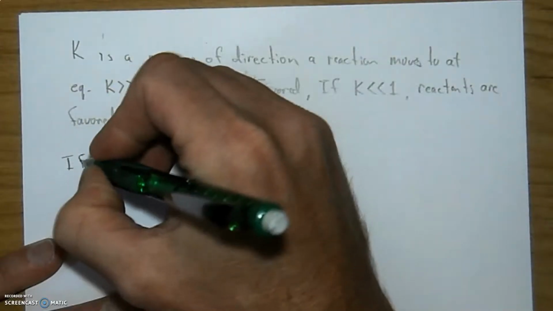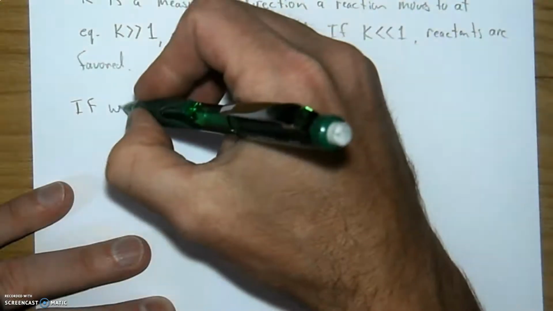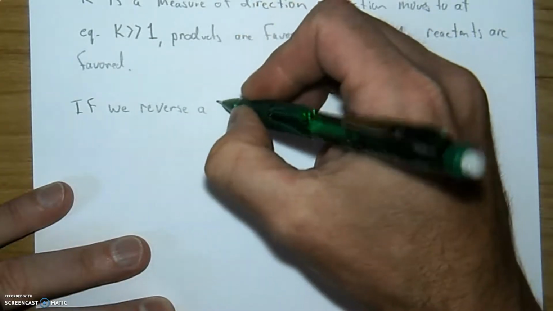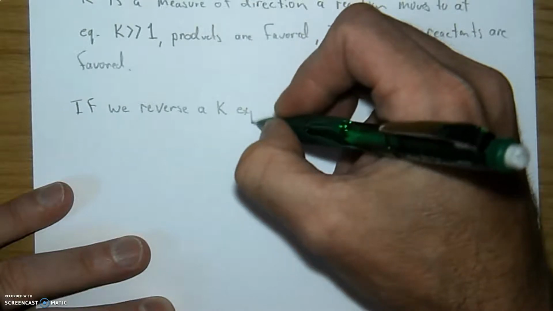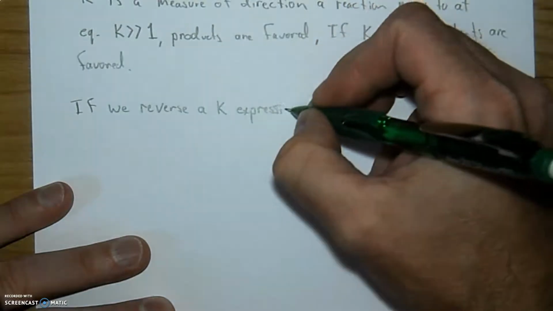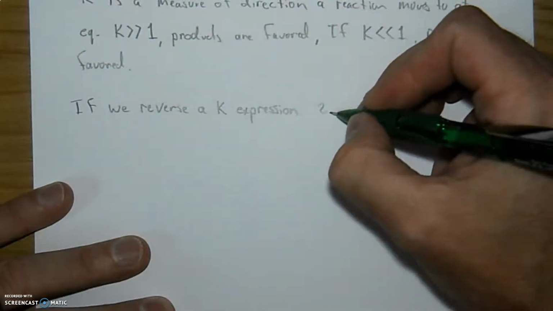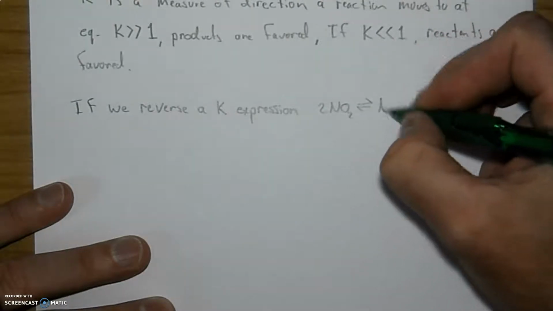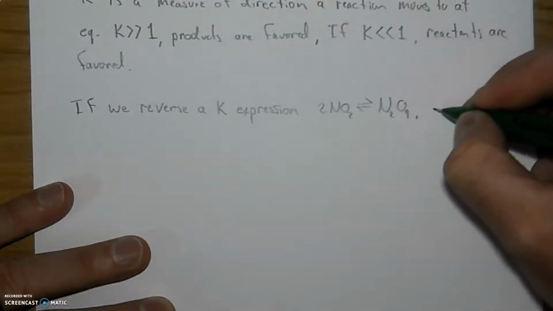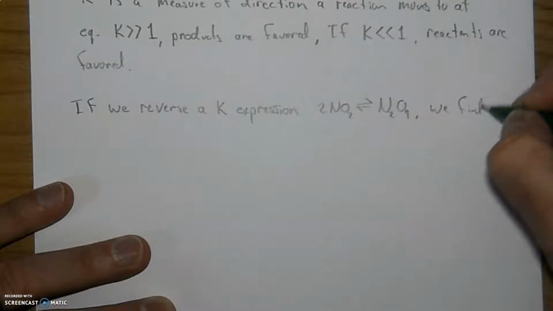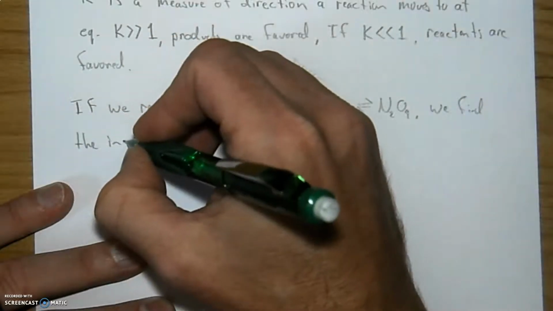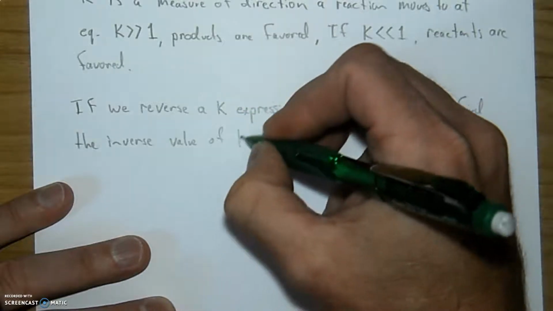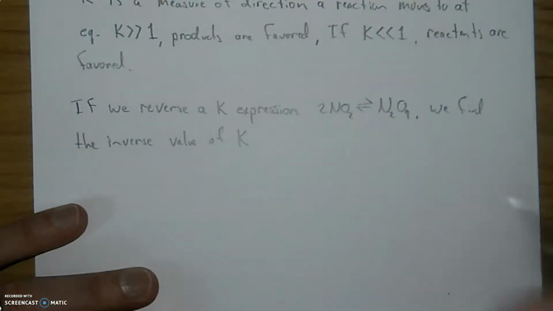Okay, let's continue this. If we reverse a K expression, so for example, 2NO2, which were products before, and N2O4, we find the inverse value of K. So before it was written the other way around, and we had a K value.